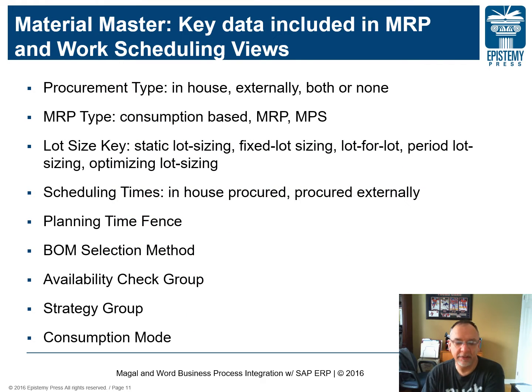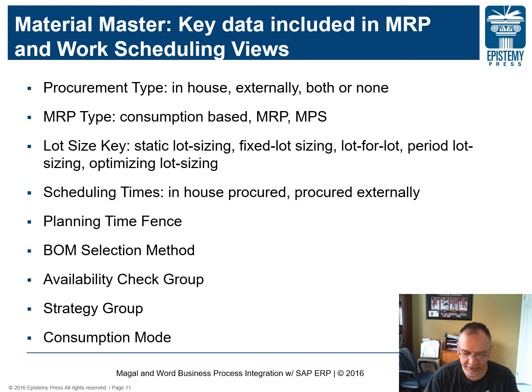So key data included are procurement type. So are we going to make this in-house? Are we ordering it externally? MRP type: is it consumption-based MRP or MPS? These are all production control techniques.